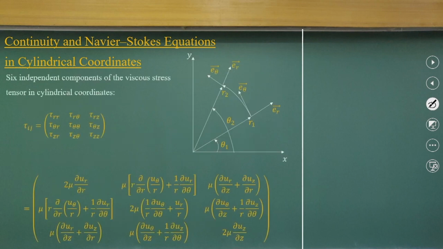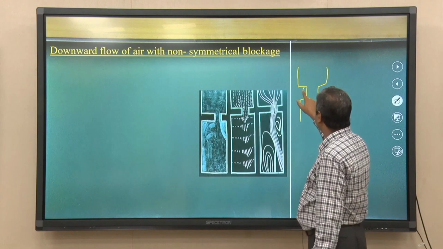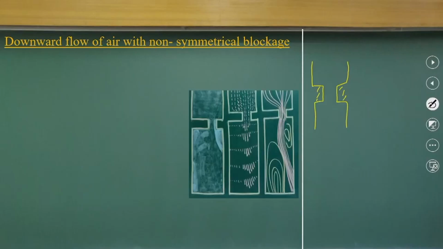Now let us come back to a very simple example. For example, a heart blockage, which is very common in artery systems. That means if I have a blockage in a pipe flow, and the blockage is symmetric, what is happening on this side is the same.